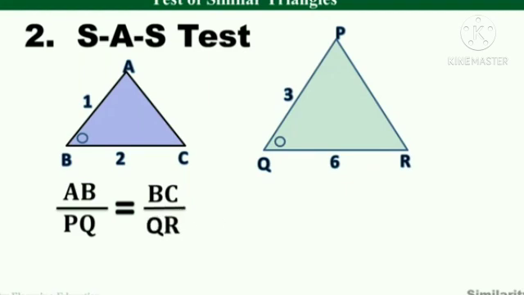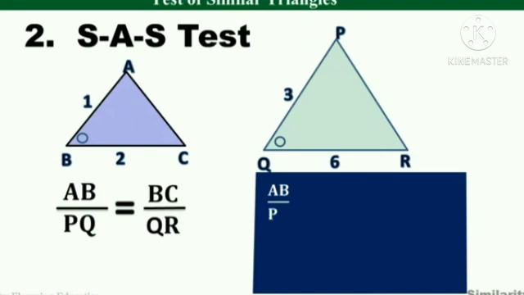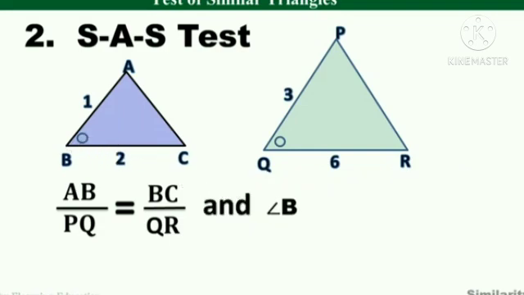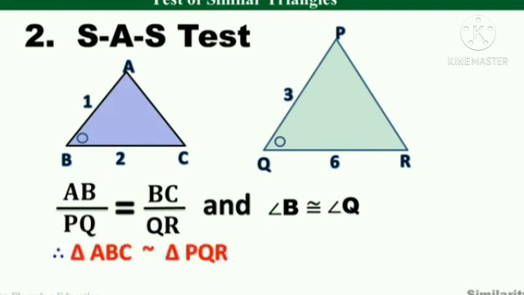The ratios are equal. Let us see the example: AB by PQ is 1 by 3, and BC upon QR is 2 by 6, that is also equal to 1 by 3. Therefore the ratios are equal. So what can we conclude? We can say angle B is congruent to angle Q. Therefore triangle ABC is similar to triangle PQR by SAS axiom.